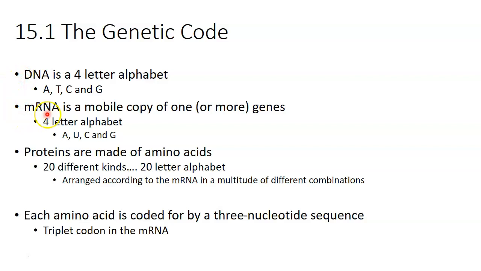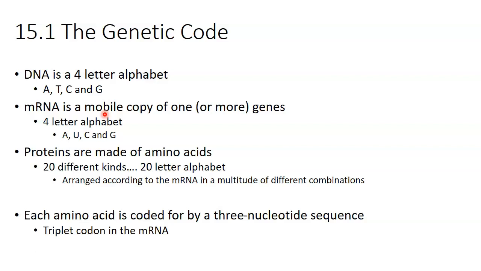It's single-stranded and mobile, which means that it can leave the nucleus where the DNA cannot. So it's going to leave the nucleus through a nuclear pore and get out to the cytoplasm, and that's where it gets translated. So transcription happens in the nucleus, and translation is going to happen out in the cytoplasm.